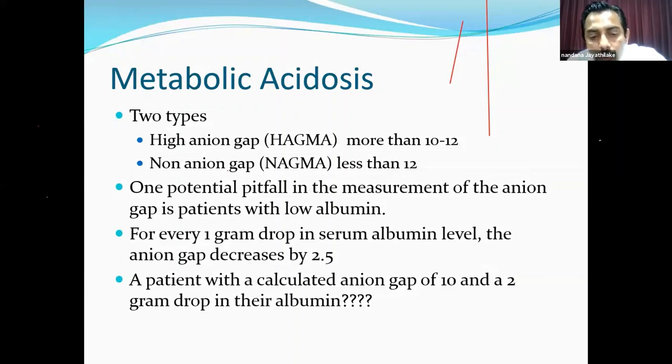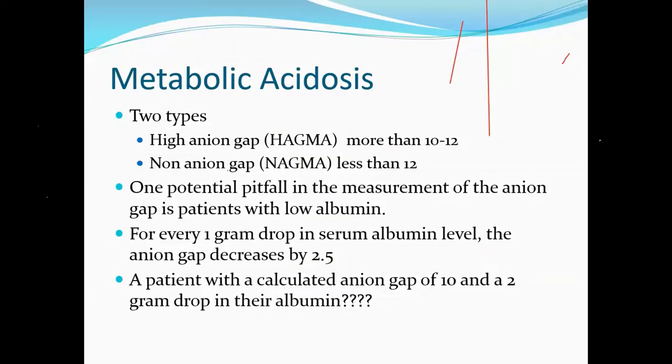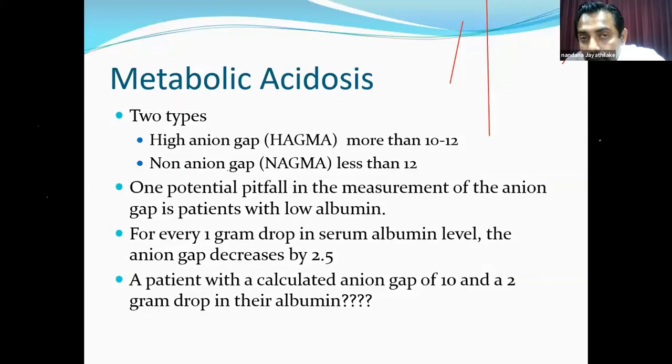So what if a patient has a calculated anion gap of 10 and a 2 gram drop in their albumin? What would be the patient's actual anion gap?